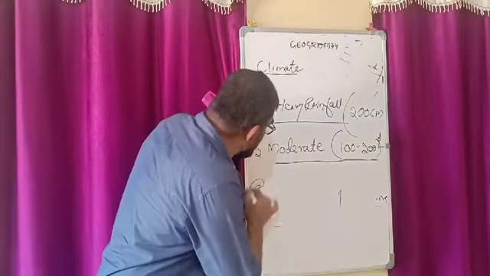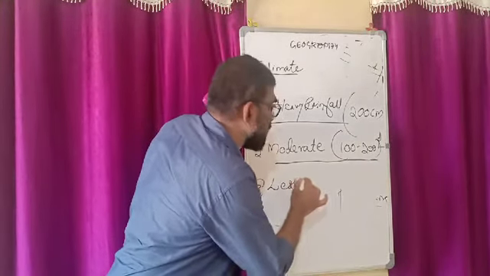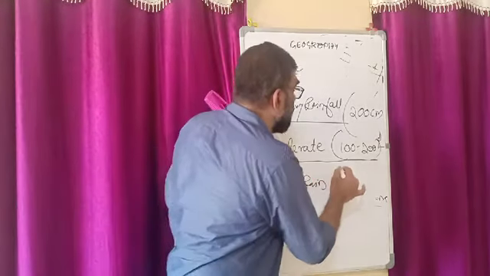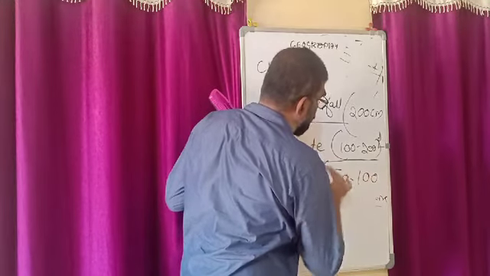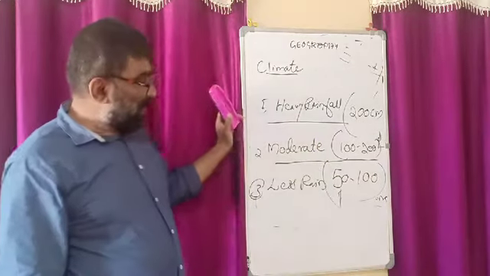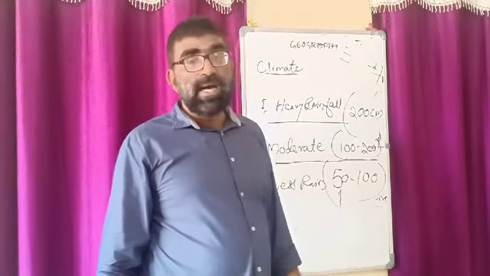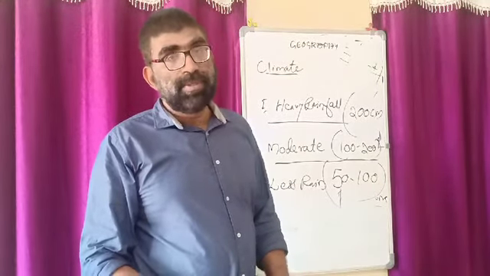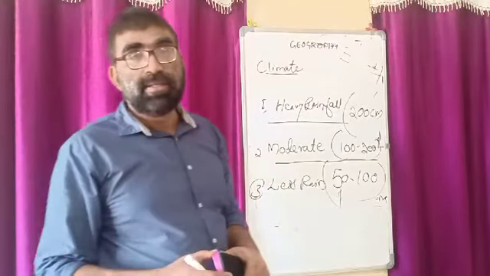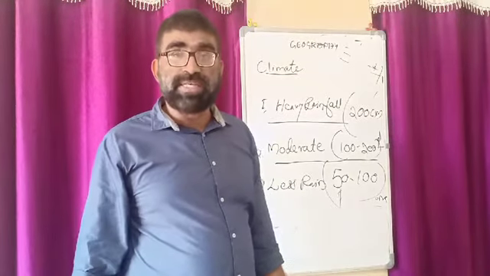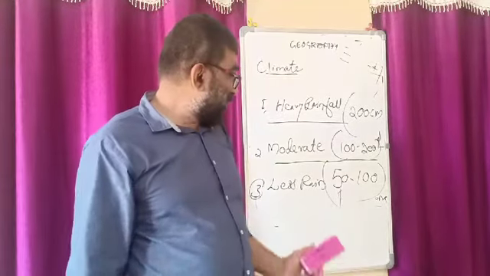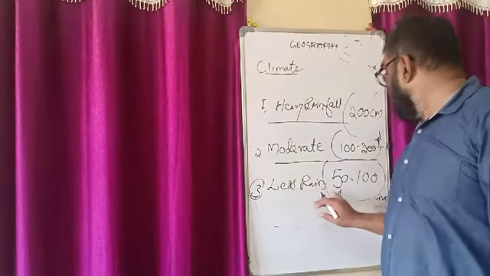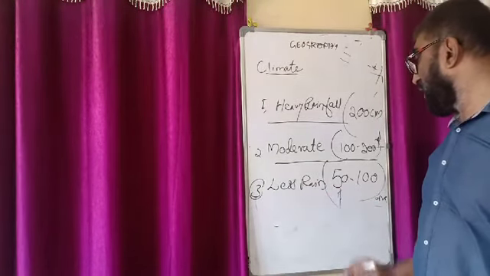Then the third one, the less rainfall regime, 50 to 100 centimeters of rainfall. This region lies in the upper Ganga Valley, then Punjab, Haryana, then some part of Andhra Pradesh, Tamil Nadu, Maharashtra, and the interior part of the Deccan Plateau. These regions receive less rainfall, 50 to 100 centimeters.